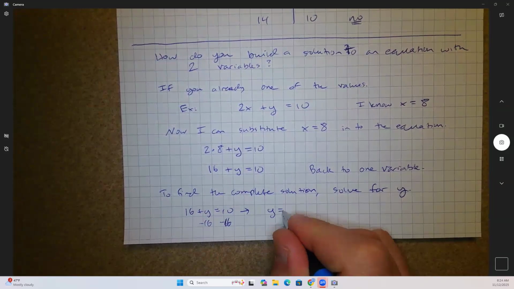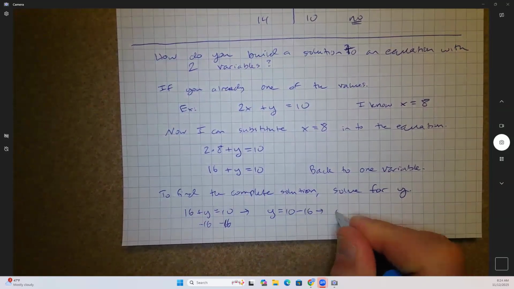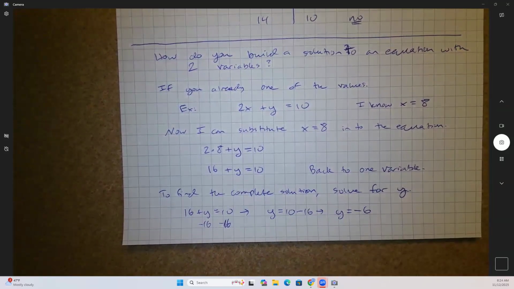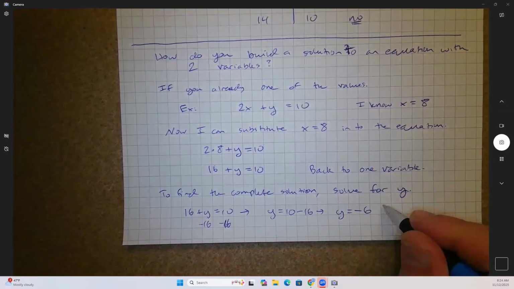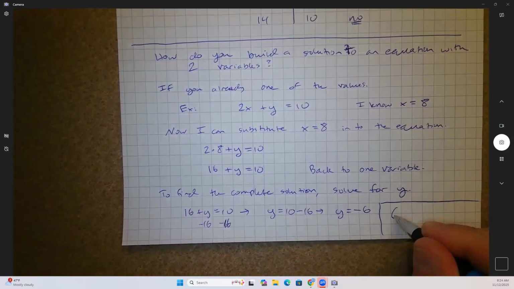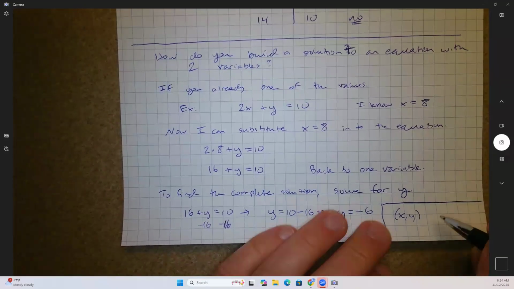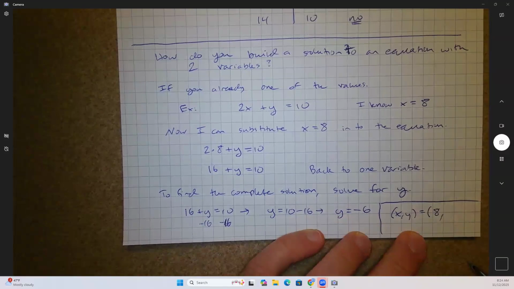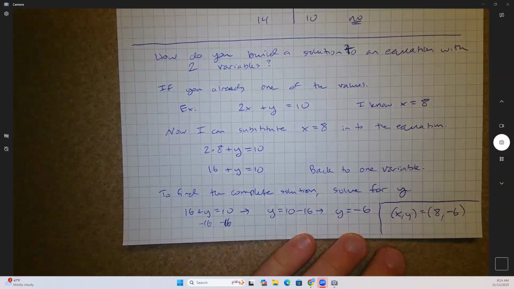And so I have y equals 10 minus 16, so y equals -6. So my solution is therefore x comma y equals, well, you told me x was 8, and I found out that y is -6. And that's my solution.